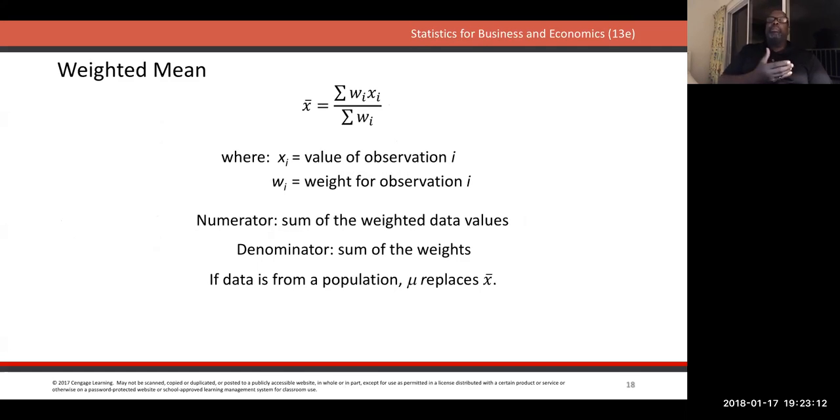If we wanted to compute the average for that class, if we knew what an A represented in terms of a mark, what a B represented, and a C, then we could actually calculate that. The number of students who got those marks becomes the weight, and the marks themselves, A, B, and C, become the X values. So let me show you what I mean by that.